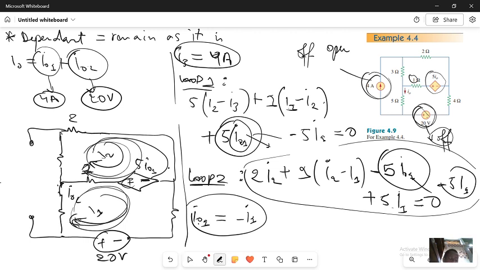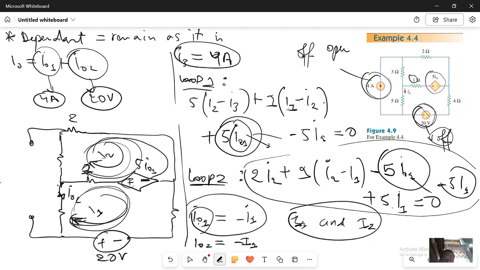If someone couldn't understand, I'm requesting to go back to the video of mesh analysis for better understanding and come back to solve this, to find the equation of this mesh. I have only this mesh and another mesh here, so I will have I1 and I2 as my unknowns. When I get I1, it means that I02 is going to be minus I1 here, because my I1 is going the opposite of I02.